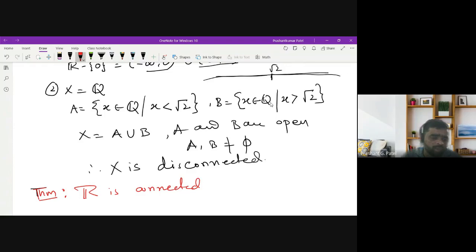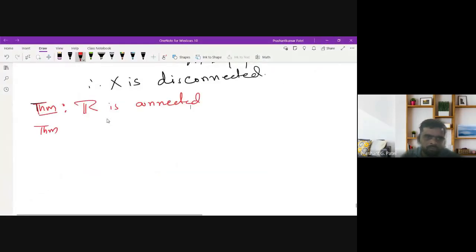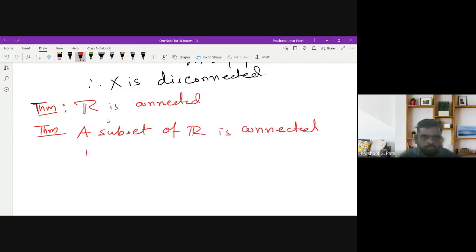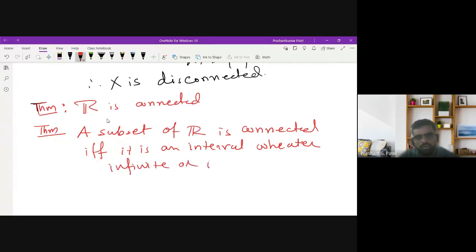The other statement is: a subset of R is connected if and only if it is an interval, whether a finite interval or an infinite interval.